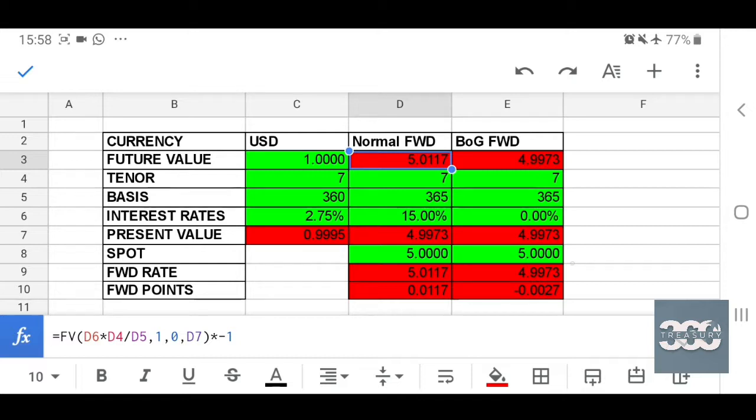Now for the BoG forward, which happens to be an investment of the same amount because we kept the spot the same. Spot is still 5.